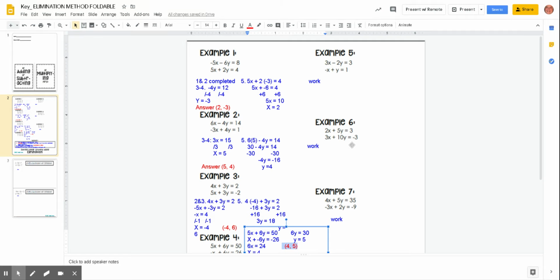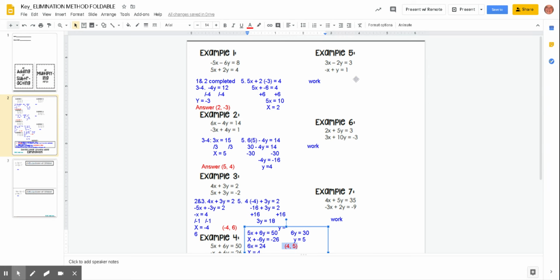And I think I'm not going to do all of these, but I just want to talk about different scenarios here. So in this one right here, again, we have that negative 1 in front of the x. Because these two aren't additive inverses, it makes it really easy to multiply this bottom one by 3 to be able to get that answer.